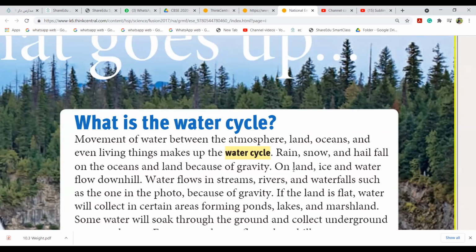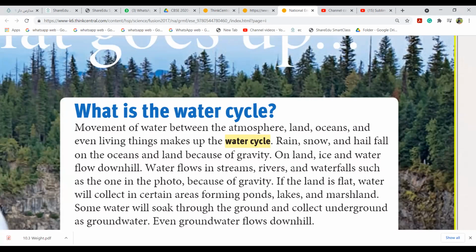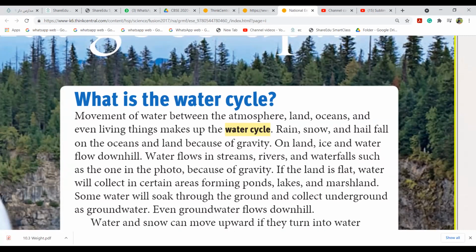If there was no gravity, they couldn't land down. On land, ice and water flow downhill. Water flows in streams, rivers, and waterfalls, as in the photo, because of gravity. If the land is flat, water will collect in certain areas, forming ponds, lakes, and marshland. But if it is not flat, it will run into the ocean.